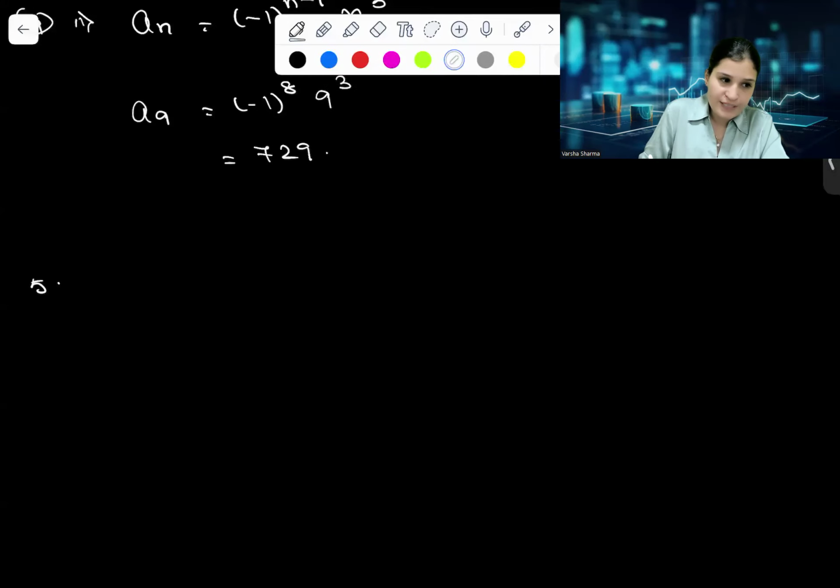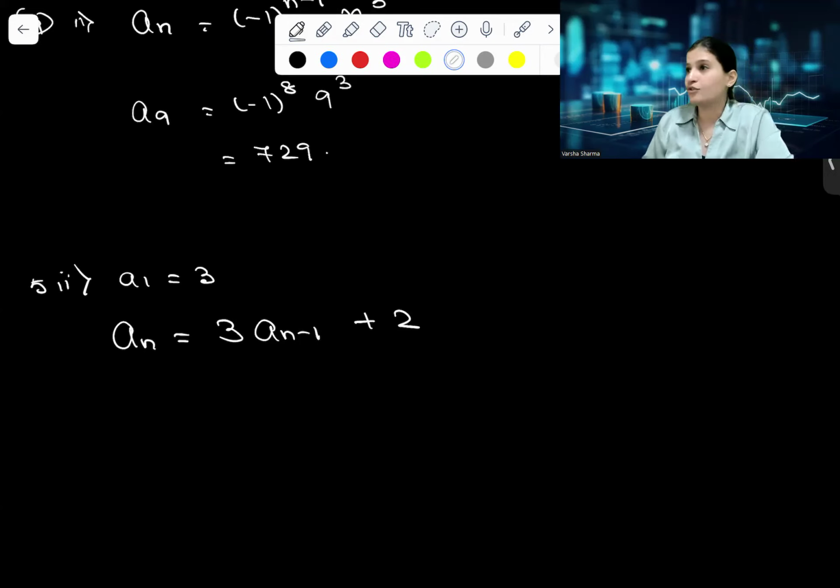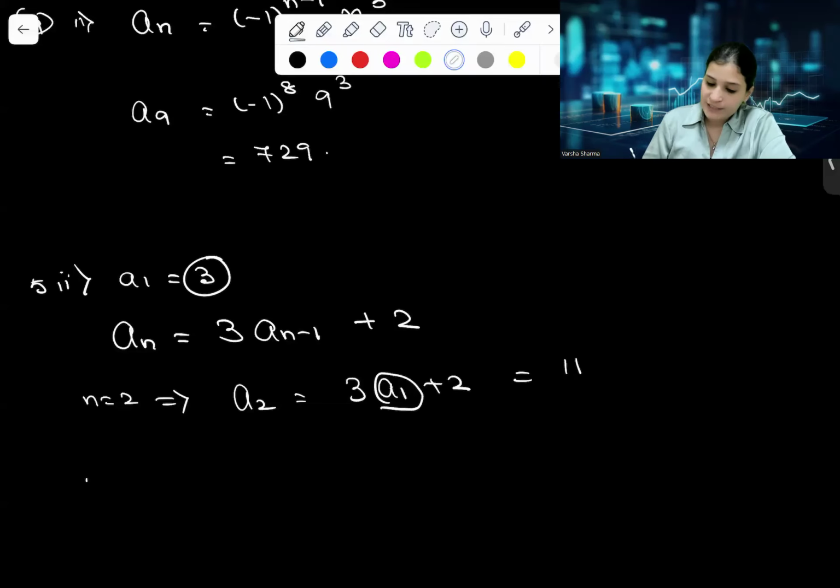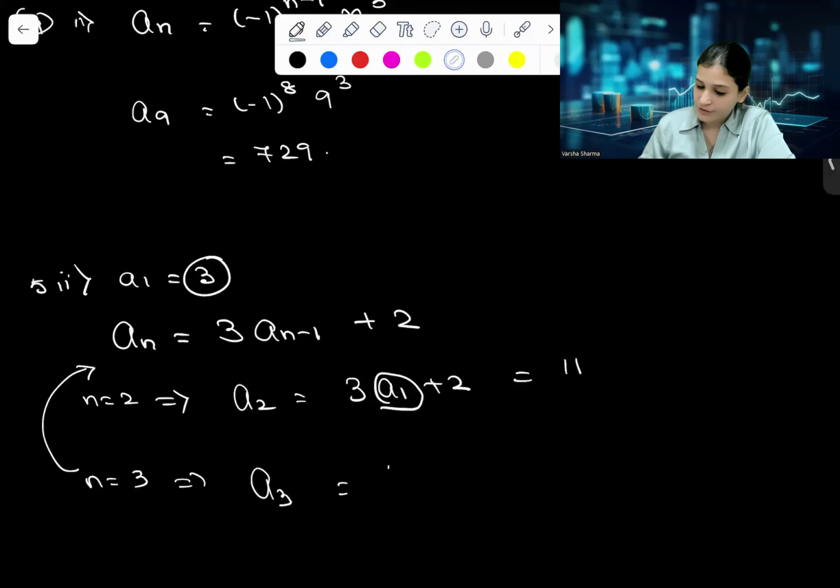Question number 5. If we see the second one, we want to find out the first 5 terms. It is given that a1 is 3, a_n is thrice a_(n minus 1) plus 2. If I put n equal to 2, a2 is thrice a1 plus 2. 3 threes are 9 plus 2, 11. I can put the value of a1 here. Putting in the same equation n equal to 3, a3 is thrice a(3 minus 1), that is a2, plus 2.